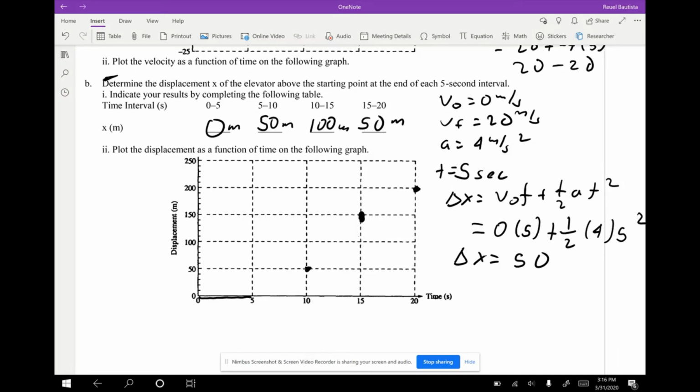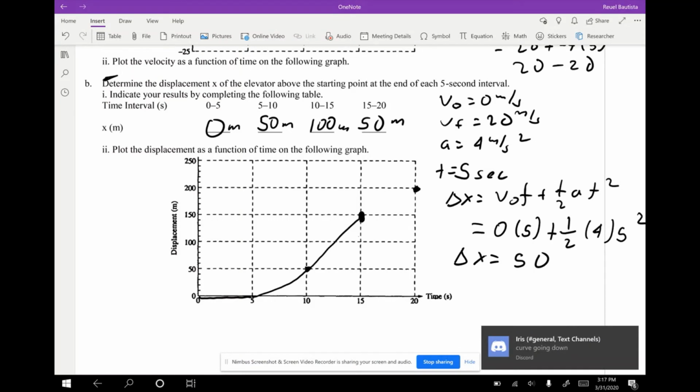The reason why it's going to curve this way during 15 to 20 is because we know it's going to have a negative acceleration, which means that it's slowing down. If it's slowing down, the curve will also slow down. It's going to start off kind of fast, and then the slope will steadily decrease, because the slope indicates speed or velocity in a displacement versus time graph.